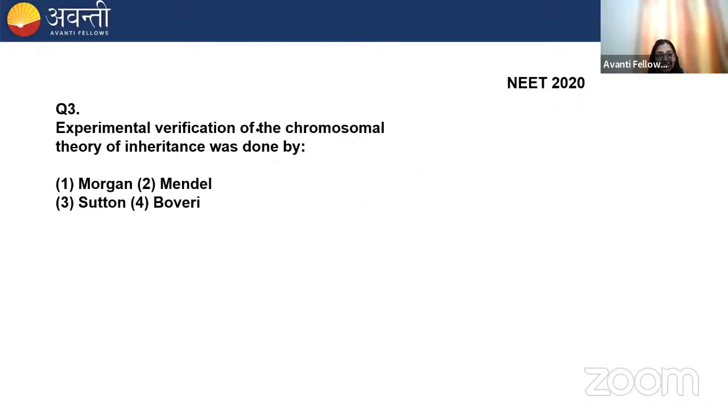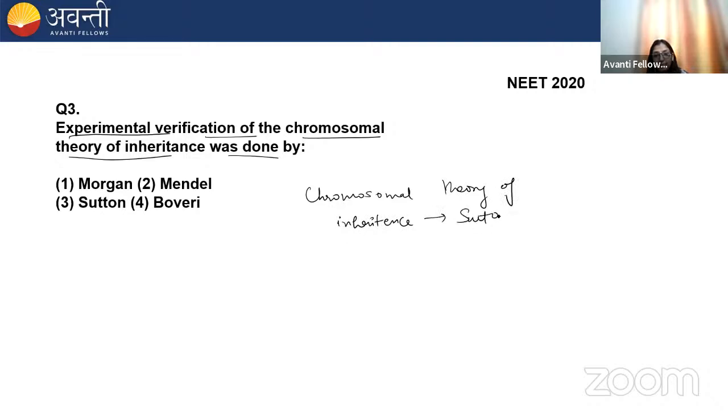Next one is: the experimental verification of the chromosomal theory of inheritance was done by. They're asking about the experimental verification, I told you. Was done by. So the chromosomal theory of inheritance was proposed by Sutton and Boveri.